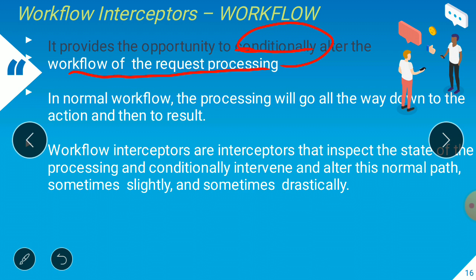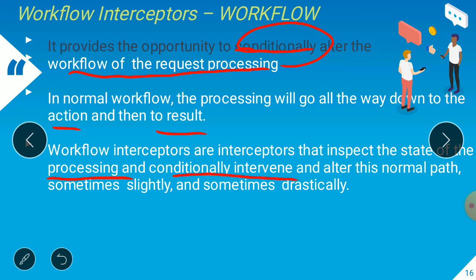In the normal workflow, the processing will go all the way down to the action and then to the result. So after calling all those interceptors, it will call the action, then the result. But we can change that using the workflow interceptor. The workflow interceptor inspects the state of the processing. It will check, it will intervene in the state of the processing path, and it intervenes conditionally.